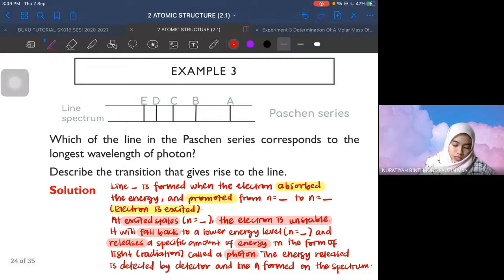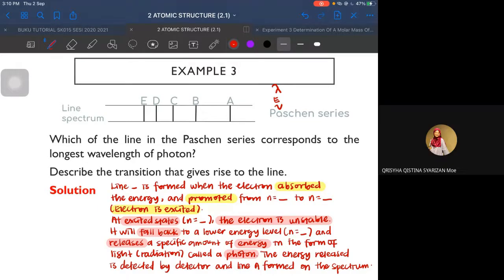Okay. So basically, we need to find the line with the longest wavelength of photon. So maksudnya kita akan minta wavelength, tapi kita nak cari wavelength lah. So which one has the longest wavelength? Paling kiri atau paling kanan? Kita akan tengok apa? Kanan. Paling kanan.